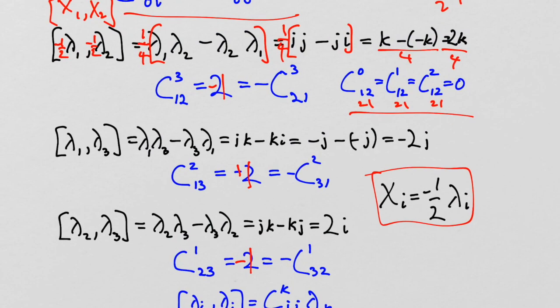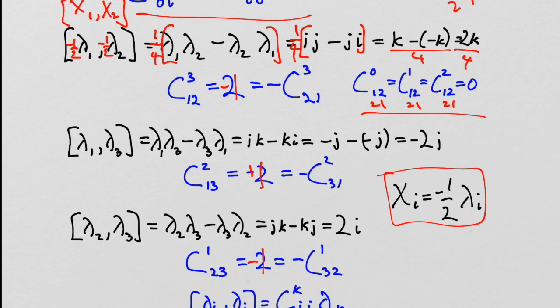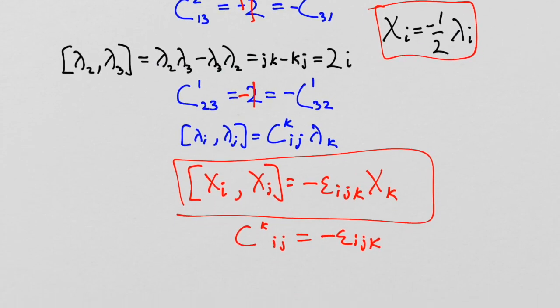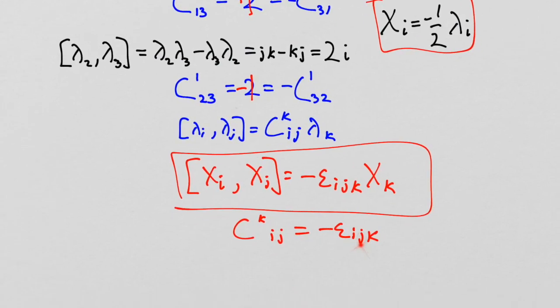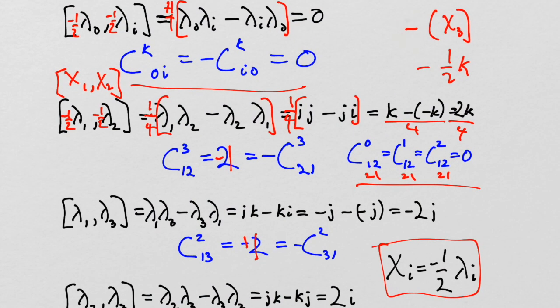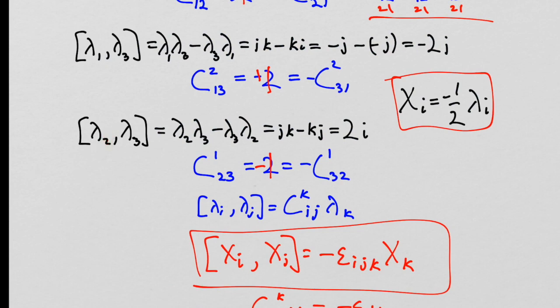Let me just make sure this is all right. So this guy here, it's 1, 2, and the result is 3. So 1, 2, 3, this would normally be 1, but it's a minus 1, and we come in with a minus 1. Let's do 1, 3, 2, we got a plus 1.